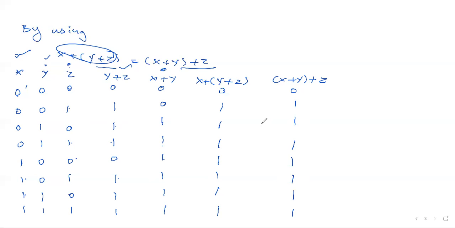So by observing the truth table, we can say that, so you have to draw like this.